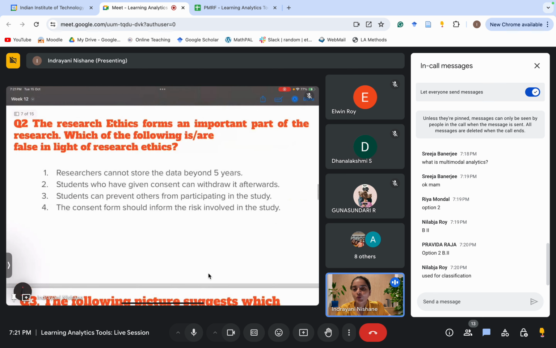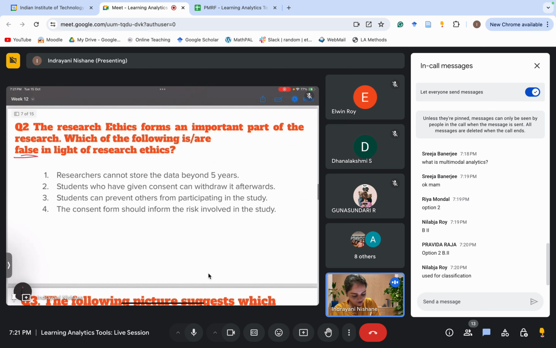Now question number 2. Research ethics form an important part of the research. Which of the following is or are false in light of research ethics? Yeah, false, which are not true. So read the options carefully, and you can type. There could be multiple correct answers for this question.